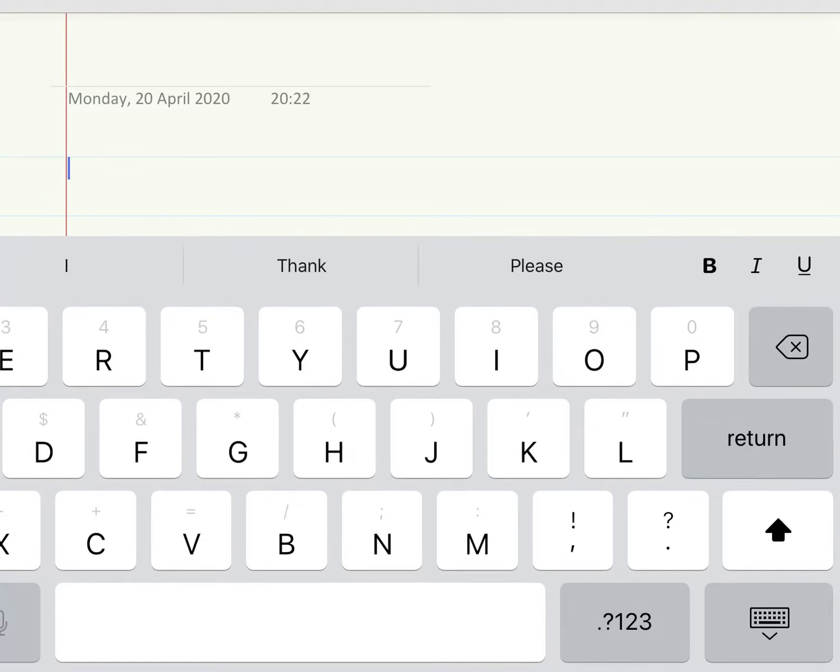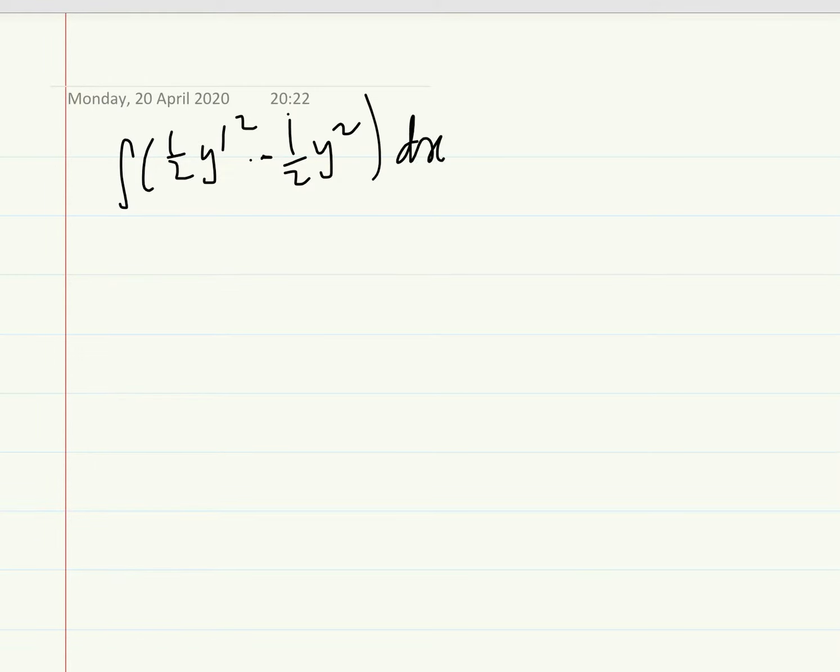Okay, so in the last lecture we showed that the integral given by the Lagrangian, in fact let's write in the Lagrangian, a half y dash squared minus a half y squared dx, leads to a five-dimensional algebra of vector fields that leaves this integral invariant.